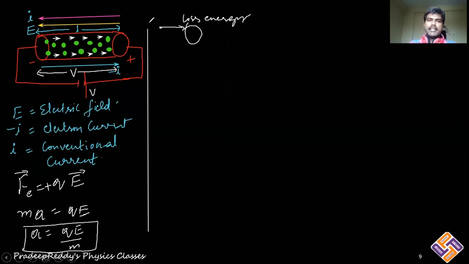For example, initially its velocity is 10 meters per second. Usually that much greater velocity will not be there for an electron, but for your understanding, macroscopically I am taking it as 10. Electron velocity will usually be very small in this conductor, and when it comes over here, it hits the ion, whose size is much greater than that of the electron.